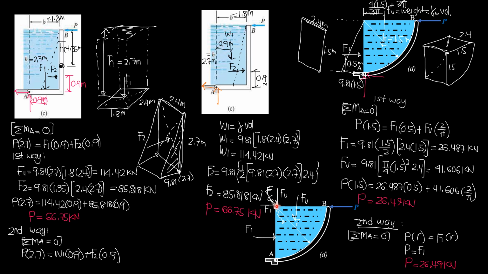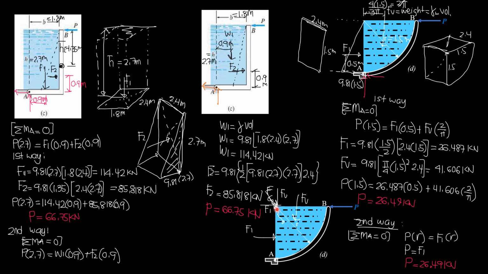So if we sum up moment about A equals 0, the equation would now be P times R equals F1 times R. FV passes through A, so we transfer F1 and FV by the principle of transmissibility of a force to this point here, because F1 and FV may be replaced by the resultant force F, and F passes through the center of this circular arc.